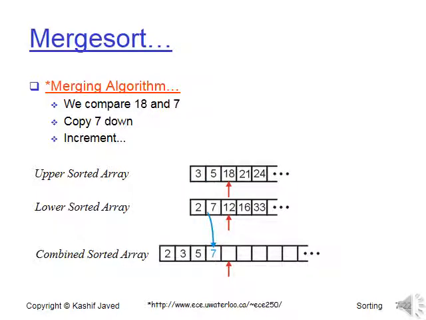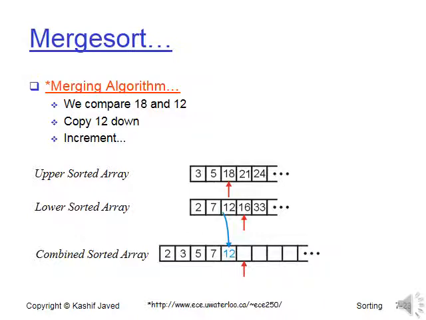In similar fashion, we compare numbers 18 and 7. 7 is less than 18. We copy down 7 into the combined sorted array. Then we increment the indices of the upper sorted array as well as the combined sorted array.